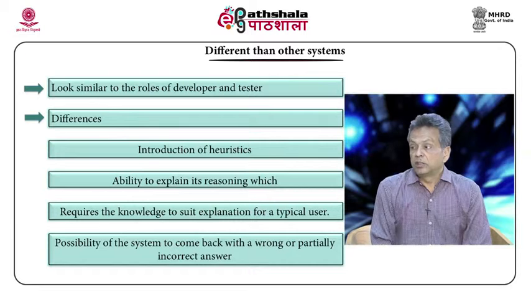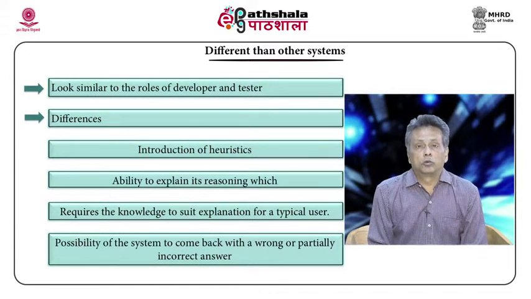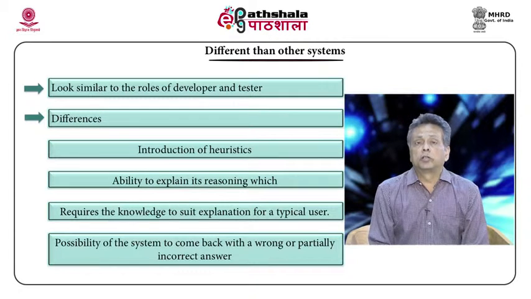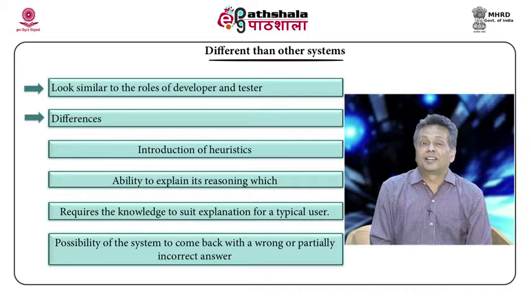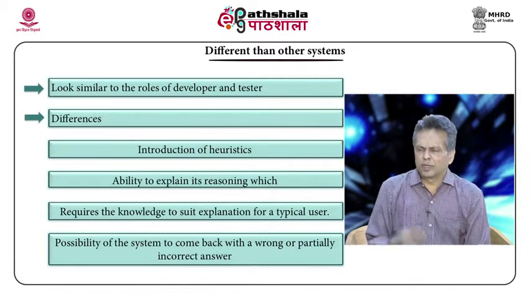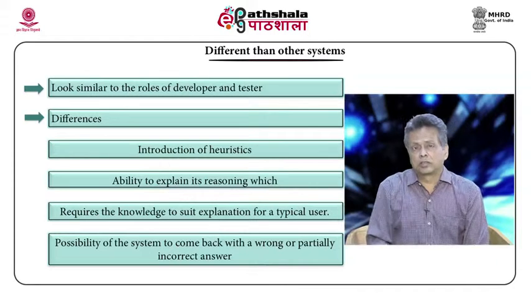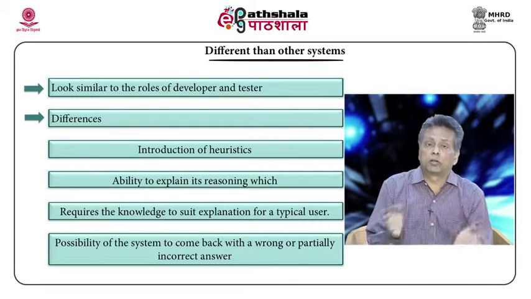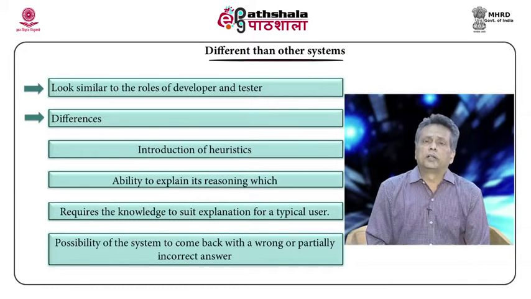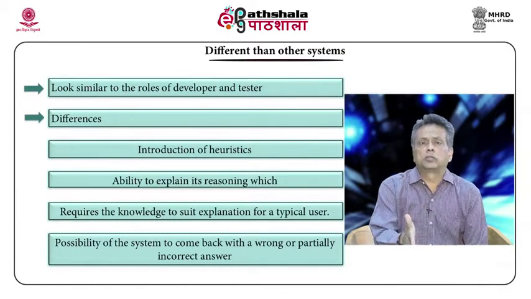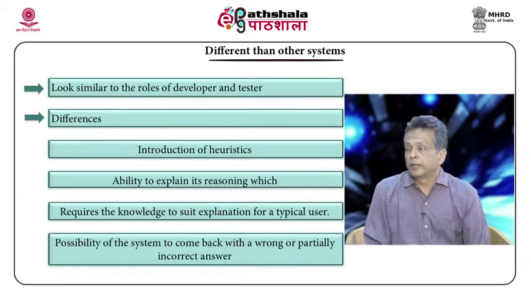The first difference is the introduction of heuristics. It is quite possible that a heuristic is a little wrong and the verifier can find that out, and it will have to be modified. In fact, you might have multiple heuristics and all of them are not completely correct, and so on and so forth. That will not happen in conventional systems, where things are either true or false and there is nothing in between, but here there is a possibility.